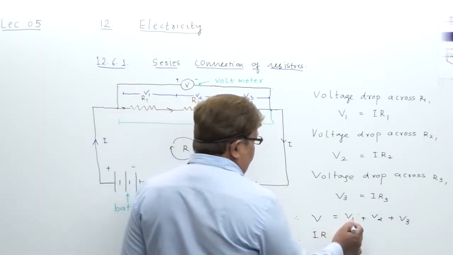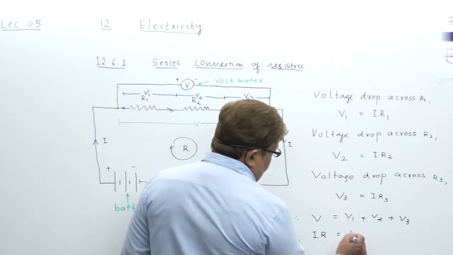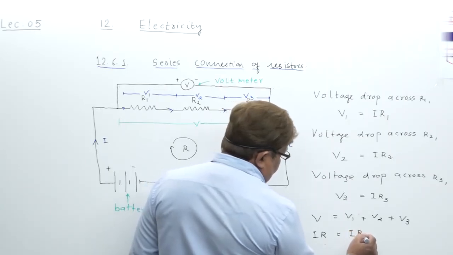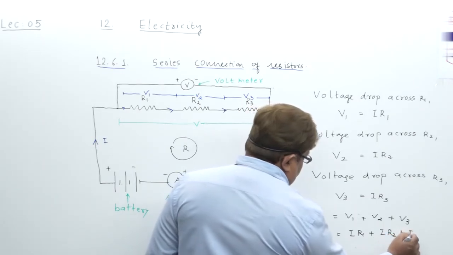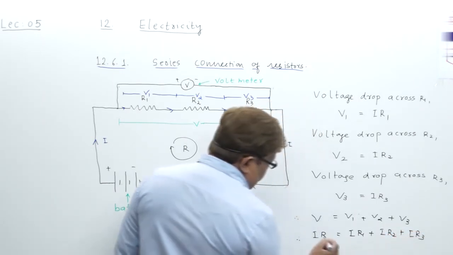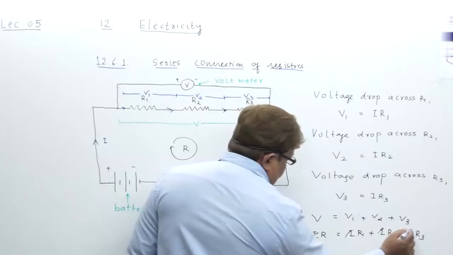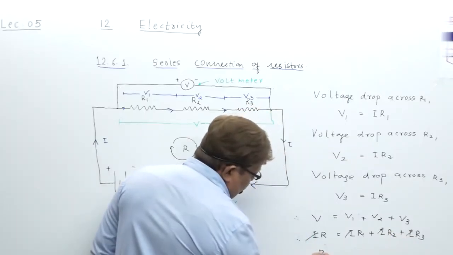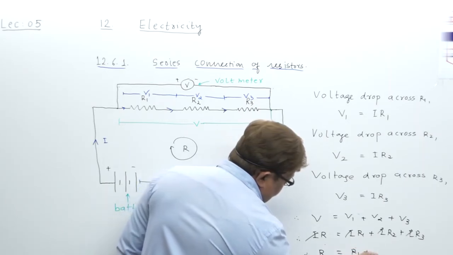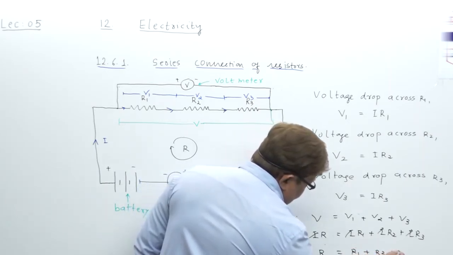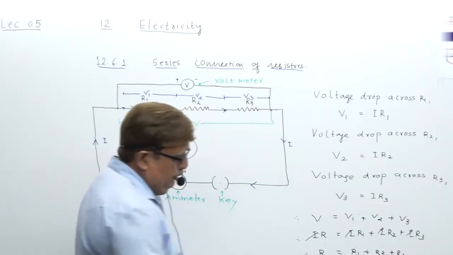Okay. Instead of V1, what should I write? IR1. Then IR2, IR3. I cancelled I. So what formula you got? Therefore, R equals to R1 plus R2 plus R3.